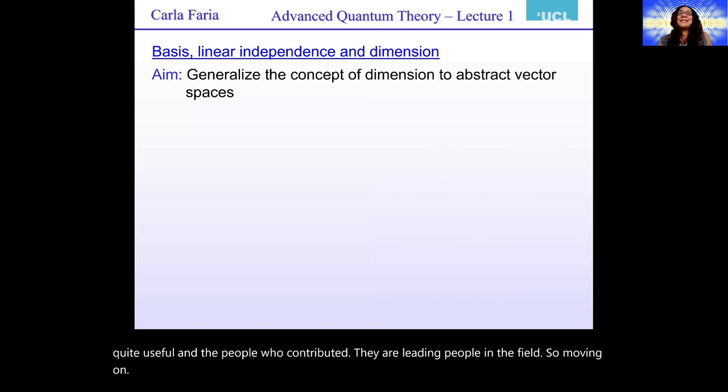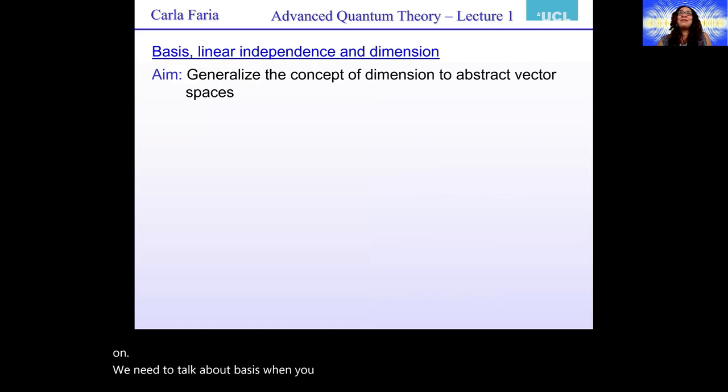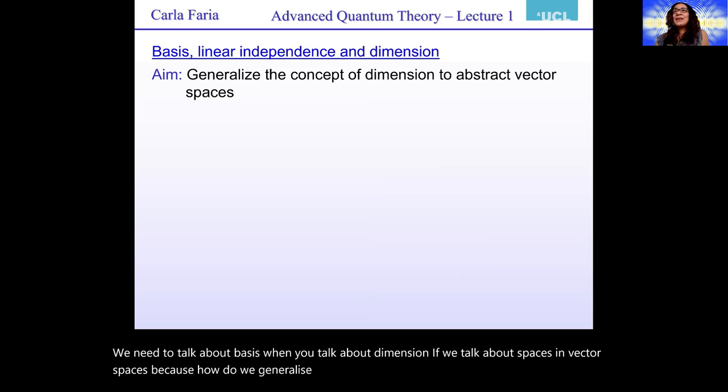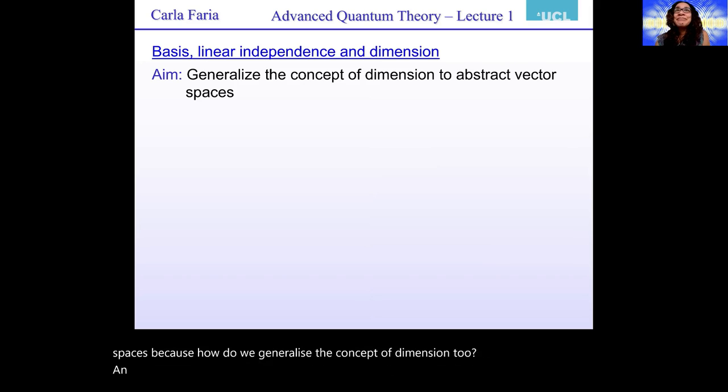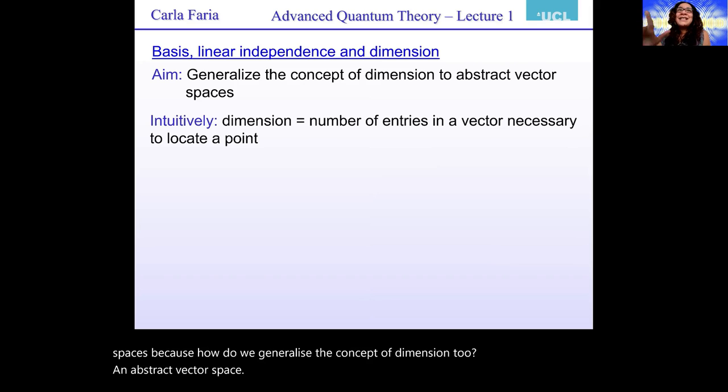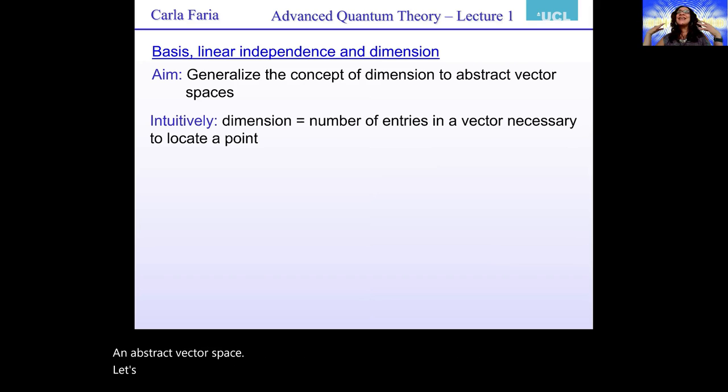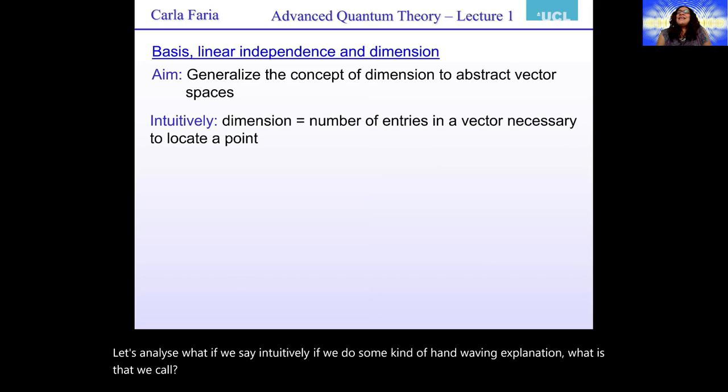we need to talk about basis. We need to talk about dimension if we talk about spaces and vector spaces, because how do we generalize the concept of dimension to an abstract vector space? Okay, let's analyze, intuitively, with some hand-waving explanation, what it is that we call dimension. Well, dimension is the number of entries you need to locate a point, right?